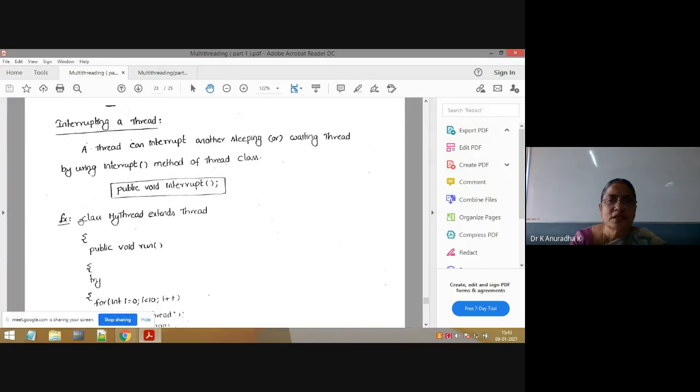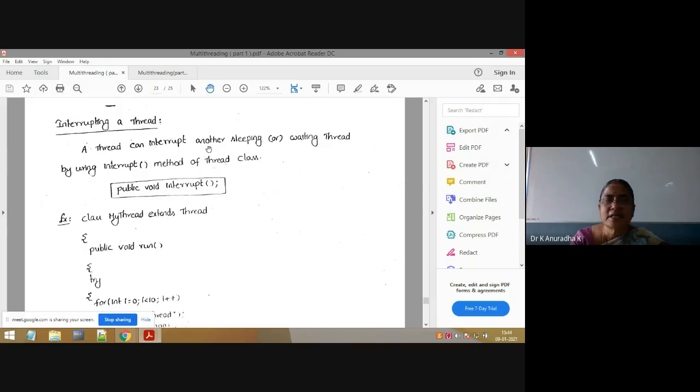Okay. So, the last method is the interrupt method. Interrupting a thread: a thread can interrupt another sleeping or waiting thread. Already explained in the join method, we have the waiting state, and in the sleep method, we have the sleeping state in the diagram.